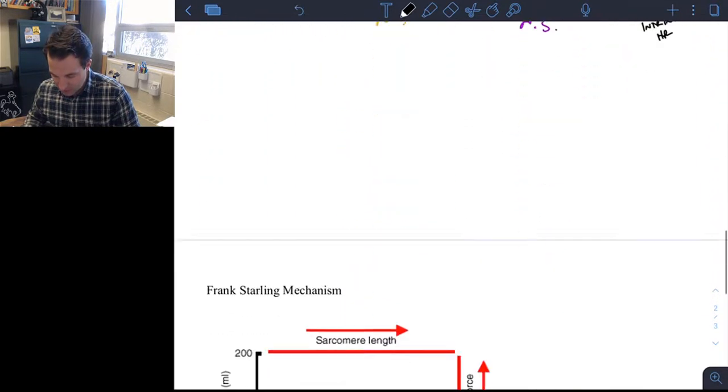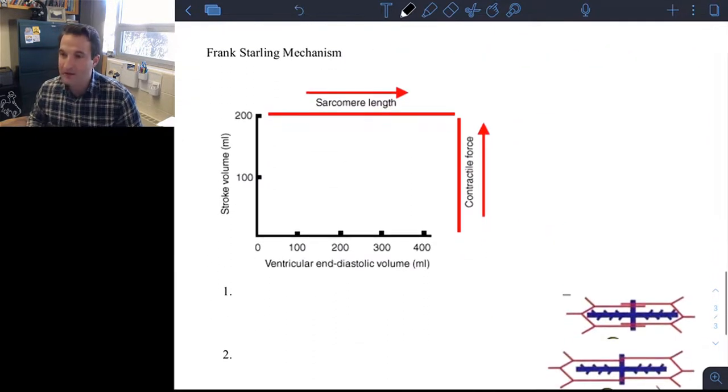Let's move on to a little mechanism called the Frank-Starling mechanism. And I'm sure people have heard of this before, but we're going to talk about how basically 4 variables are interrelated. So let's look at our figure right here that we're going to fill in. On the first x-axis at the bottom here, we have ventricular end diastolic volume. Okay?